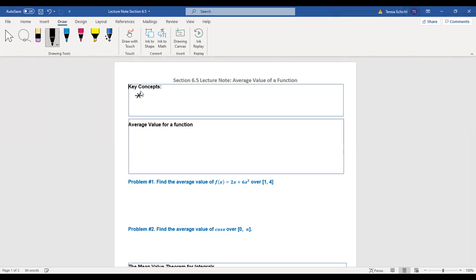The first is how do I find the average value of a function. The second is what we call the mean value theorem of integrals.